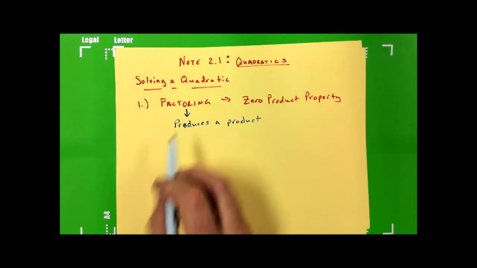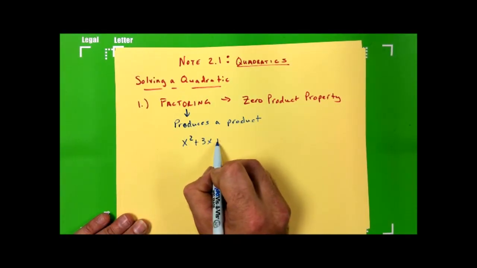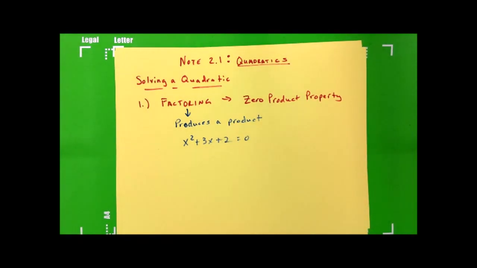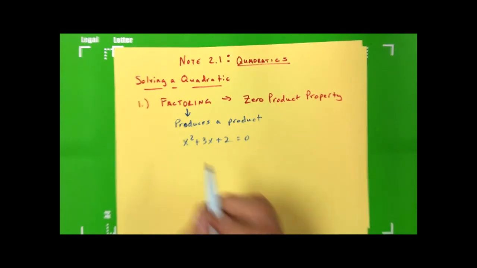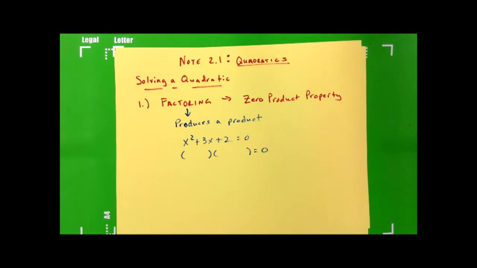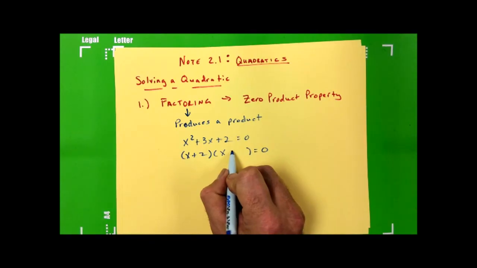For example, let's say I give you this as a problem, and I ask you very simply to solve it. And obviously it does factor very cleanly, very easily.